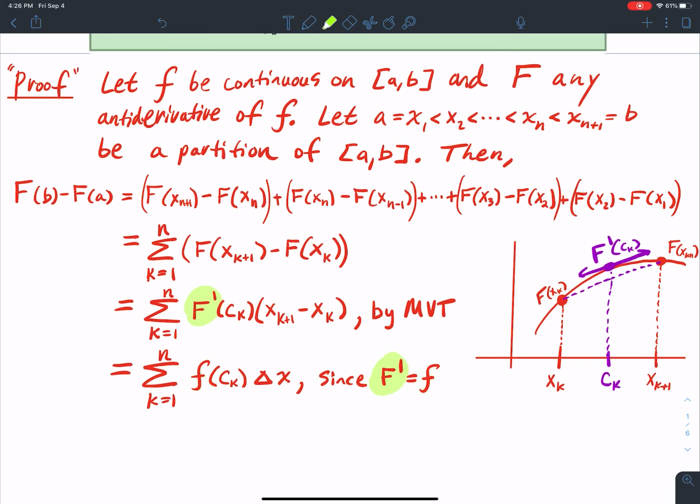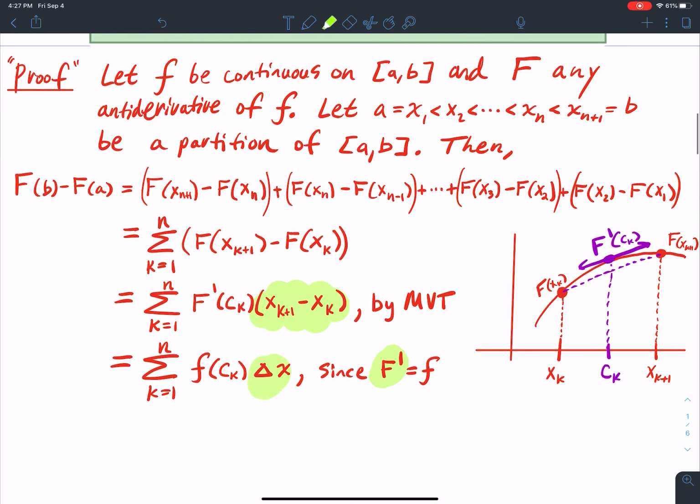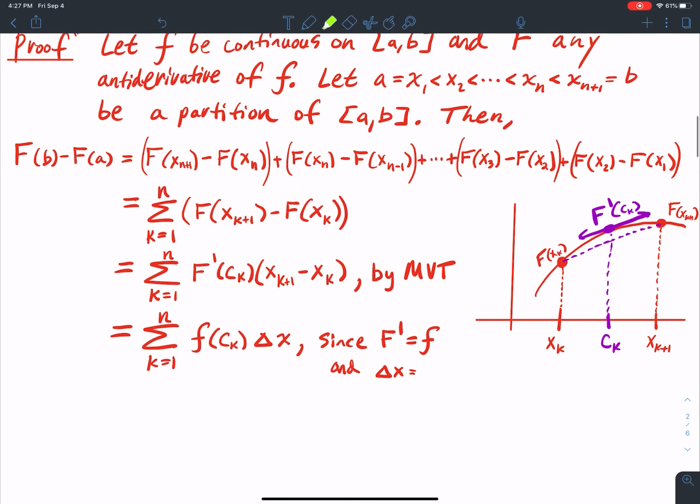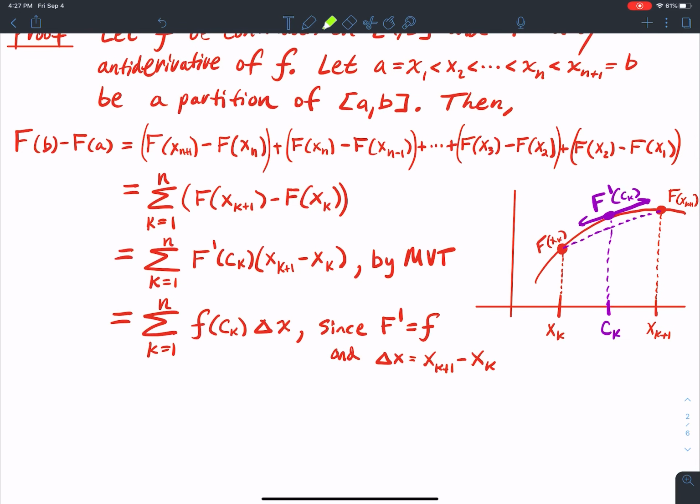And then I replace my x sub k plus 1 minus xk. This width here for the kth interval is that delta x here. Okay? So these two things hold true. That's why we can say this is the same as this here.